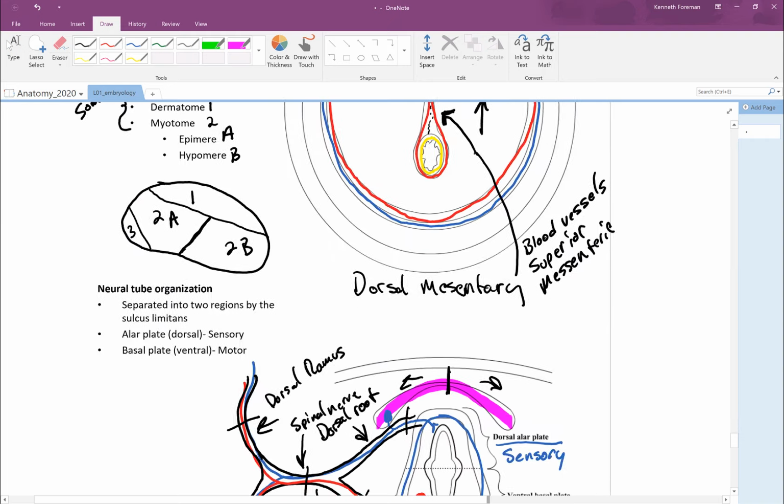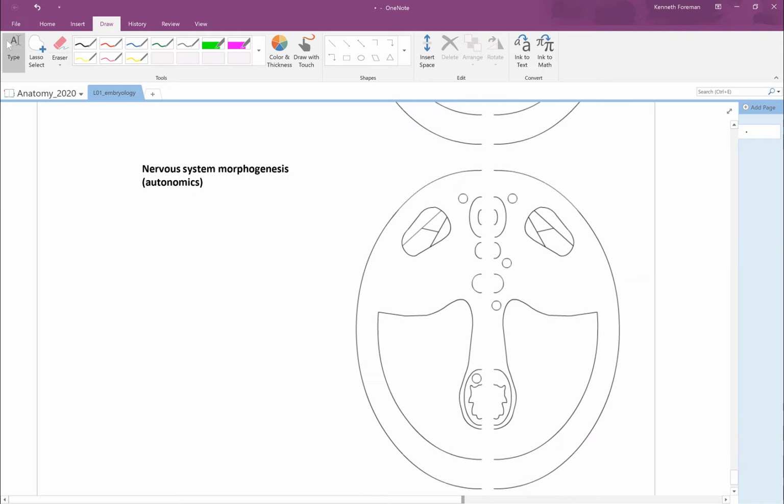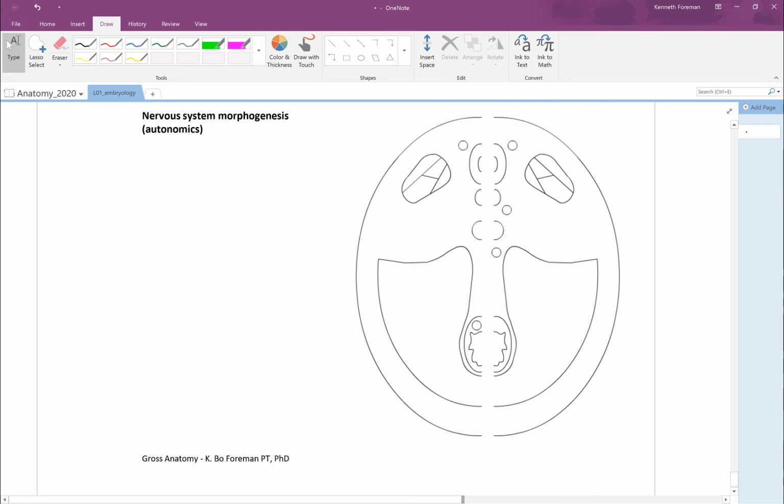So let me go back to this picture. Now this gets exciting. I hope you guys are getting excited. I am. So when we talk about somatic motor or voluntary musculature, we have a motor neuron which is in the neural tube, okay? So it'd be within that neural tube. And it's going to travel out and it's going to go to, let's say, the biceps.